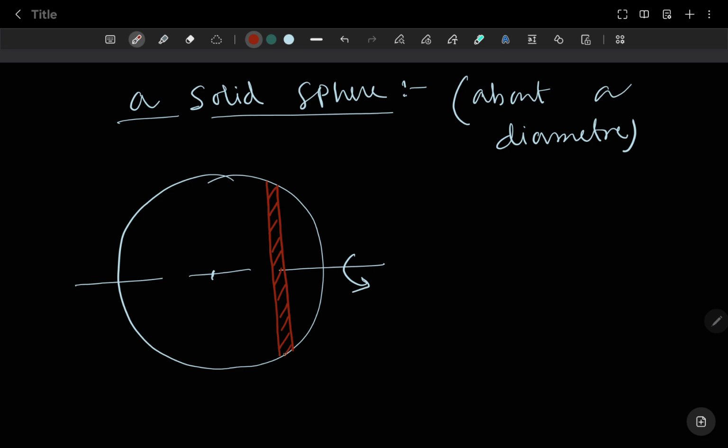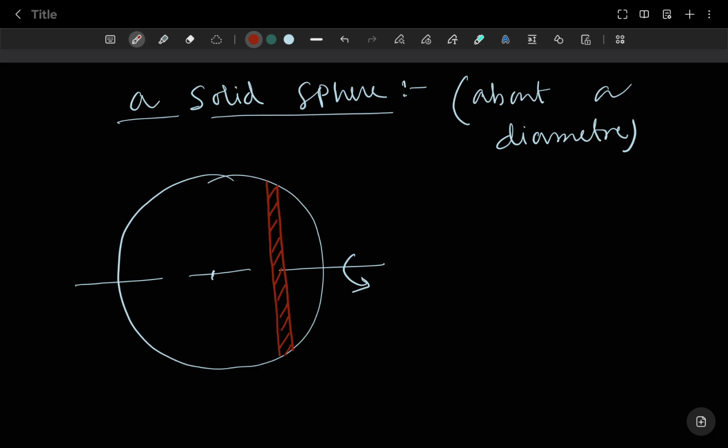If I cut a slice from this solid sphere, you try to imagine, it will become a disc. So what will be the moment of inertia of this disc?